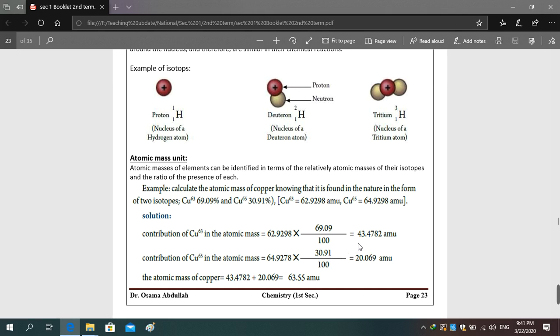The result is 20.069. By summing these results, we conclude the atomic mass of copper. This number is the average atomic mass of the copper present in nature, and we use this number in many calculations.